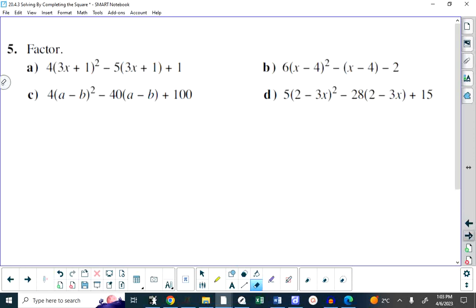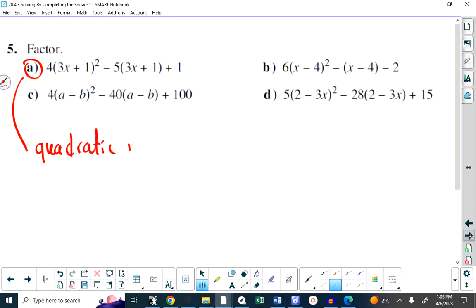So we want to factor this expression that's quadratic in 3x plus 1. And again, I don't mean to be overly repetitive, but I think it's important that you understand that terminology.